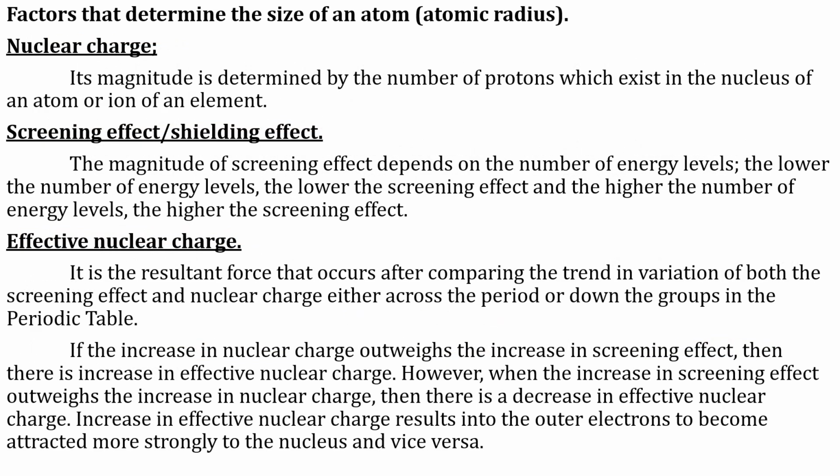Now let's look at the factors that determine the size of an atom, or what we can present as atomic radius. As I told you in the previous slide, the factors are always the same. We shall look at nuclear charge, we shall look at screening effect, and after looking at both of those, you have to state the effect on the effective nuclear charge.